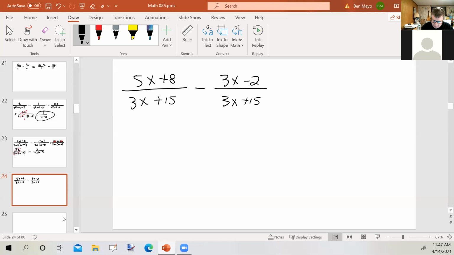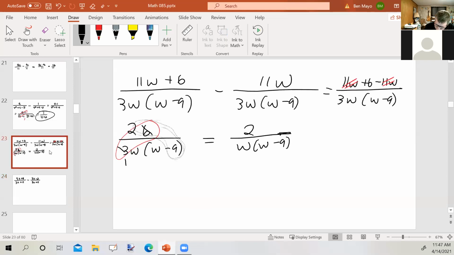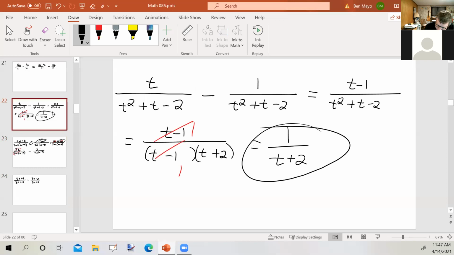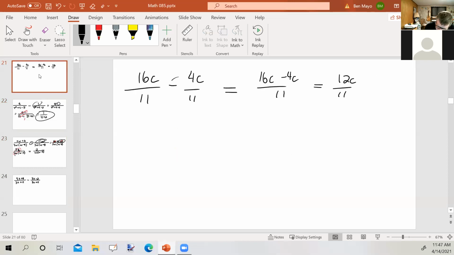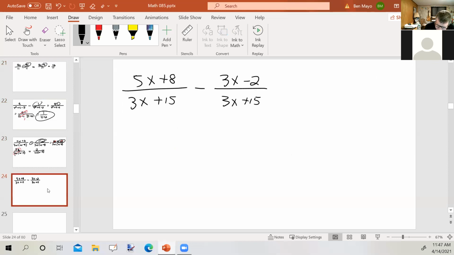Okay, so let's go back for a minute. Let's take a look at that problem. I was subtracting one thing up here, subtracting one thing, subtracting one thing. The problem here is I'm subtracting that whole group.